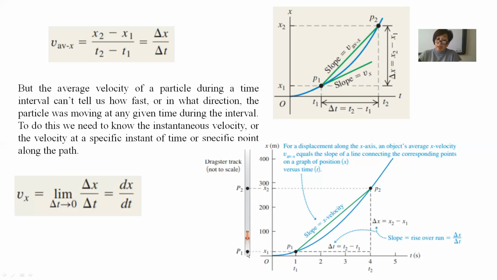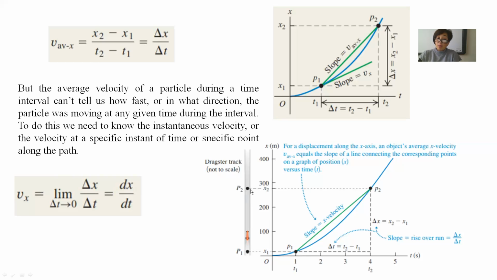Here the car moves in the x direction. The first position has coordinate x1 and time t1.